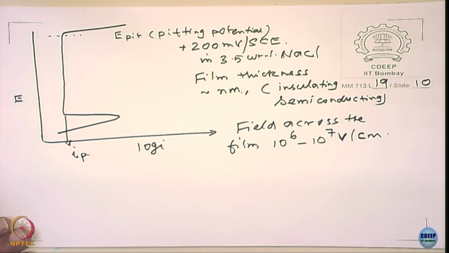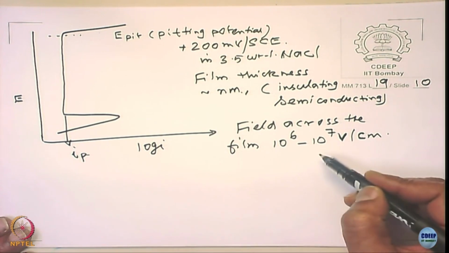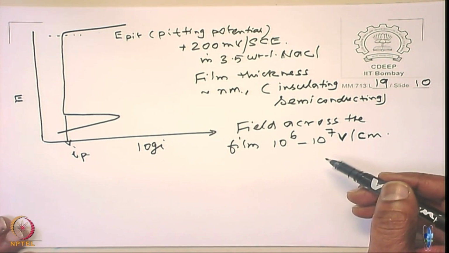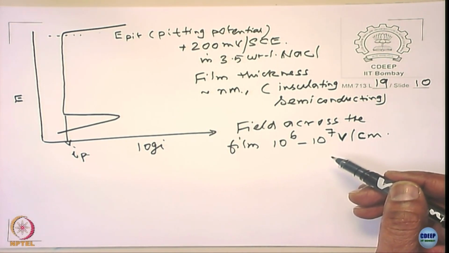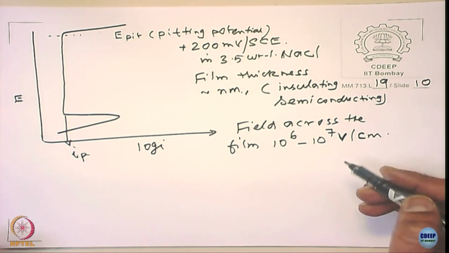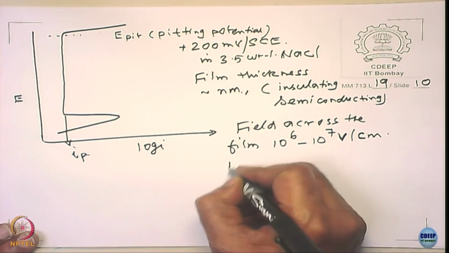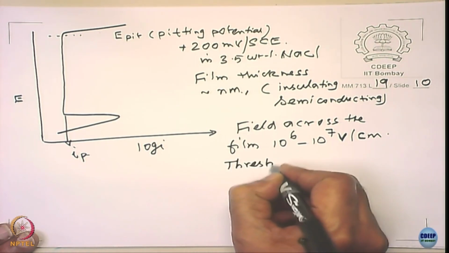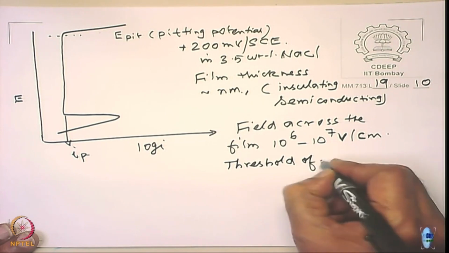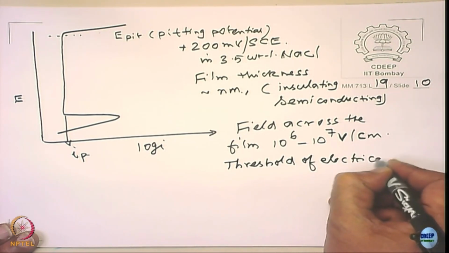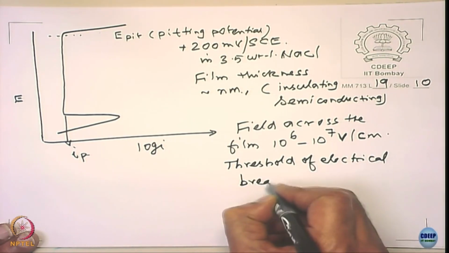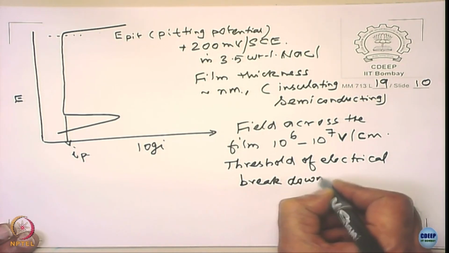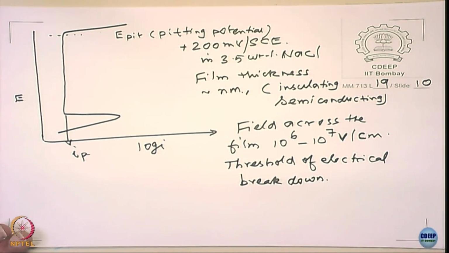Voltage divided by the distance over which the voltage is applied, right? Now look at this here. It is a very high field. That means the metal is about to have an electrical breakdown, right? An electrical breakdown can happen. So it is at the threshold of the electrical breakdown. One aspect of it.